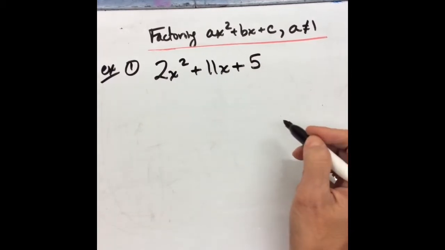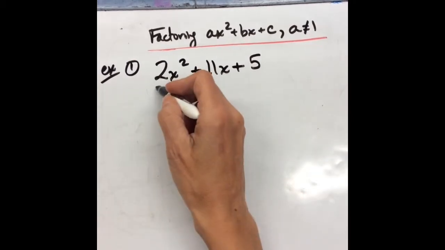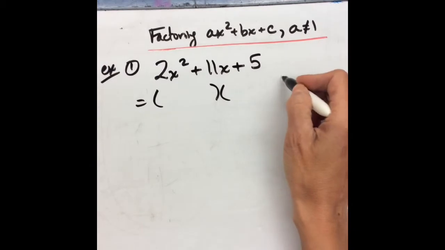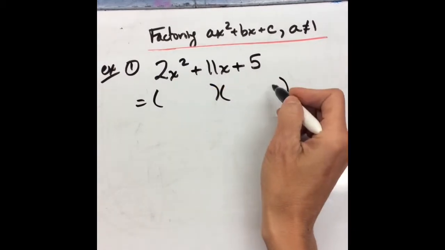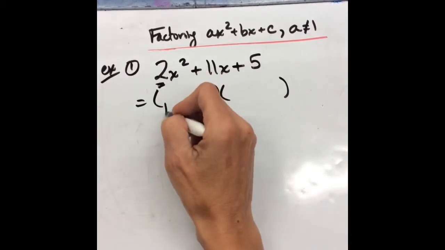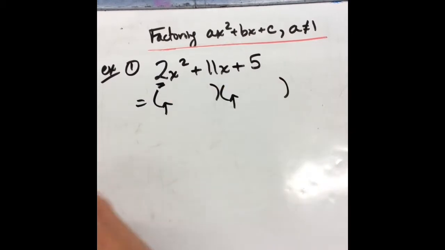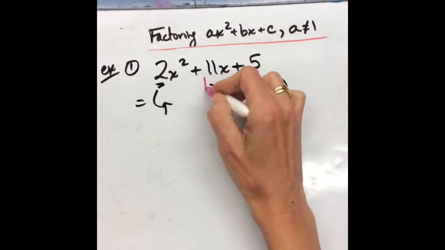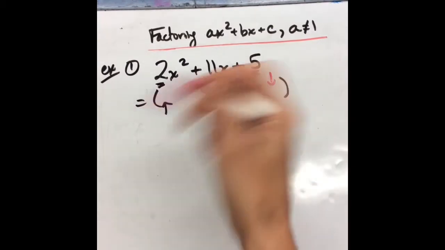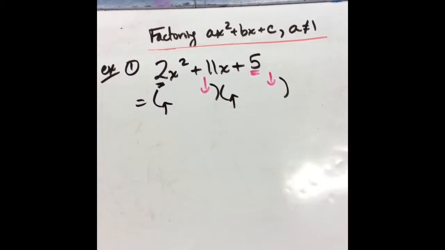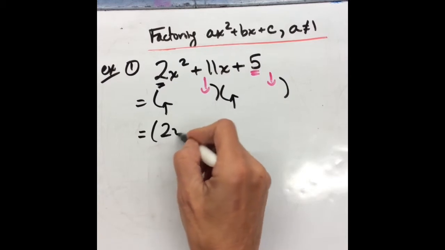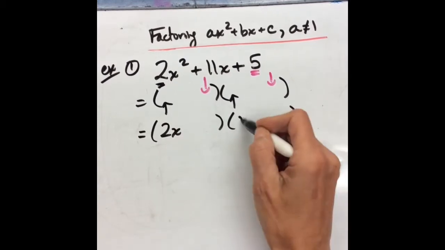First of all, what you want to do is understand that when you open two brackets like this to get your two binomials, this here is going to be whatever we put in here. And then the 5 here, how to get the 5, is going to be whatever we put here. In this case, there aren't that many choices. In order to get 2x squared, your only choice is going to be 2x and x.